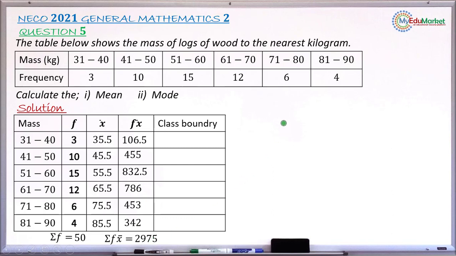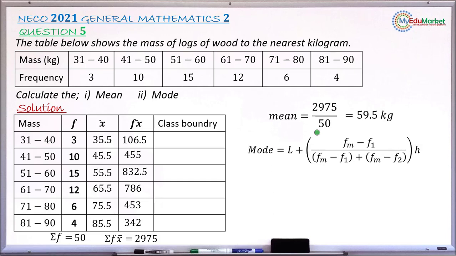So you substitute in the formula for the mean, summation fx bar all over summation f. Summation fx bar is 2975 divided by summation f, which is 50. Dividing 2975 by 50 gives a result of 59.5 kilogram. This is the mean. So that answers the Roman 1 question.